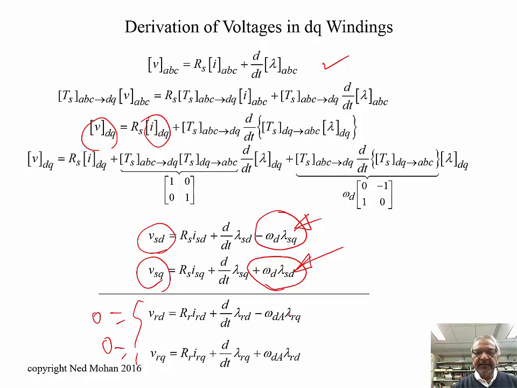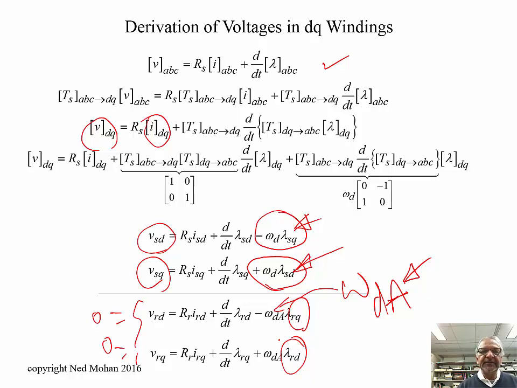Here the speed term that comes in is omega dA, because in this case the d-axis is moving at a different speed, in fact slip speed, with respect to the rotor A-axis. But here also we have the coupling from the respective other windings. So those are the voltage equations.